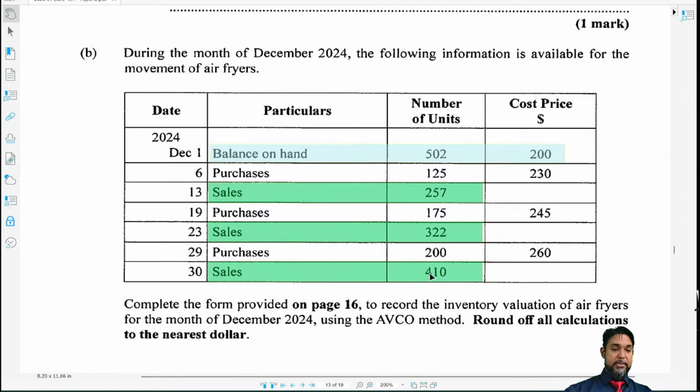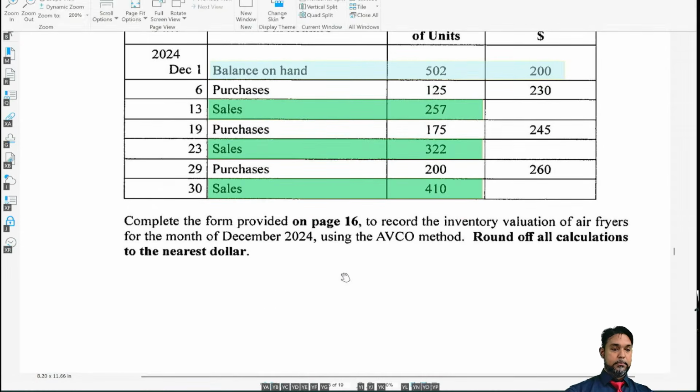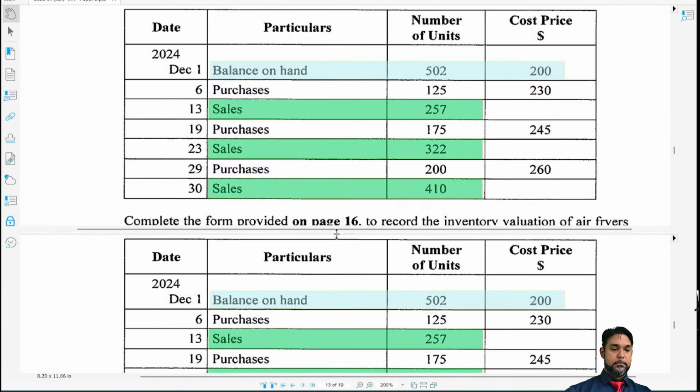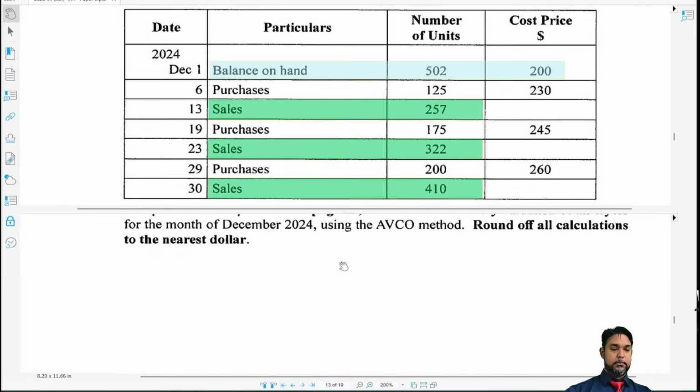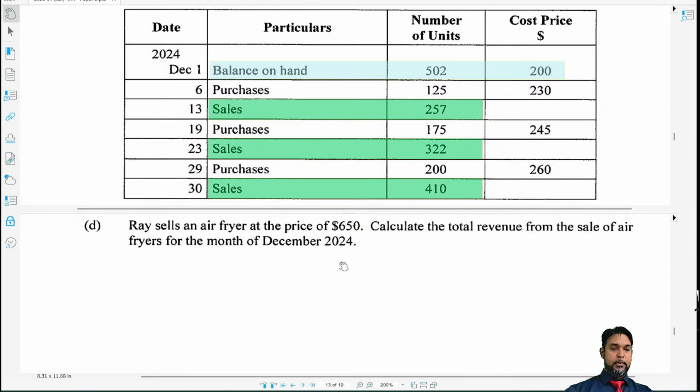You add those together and then multiply by 650. So you add the numbers in the green together and then multiply by 650. I'll give you a couple of minutes for that.